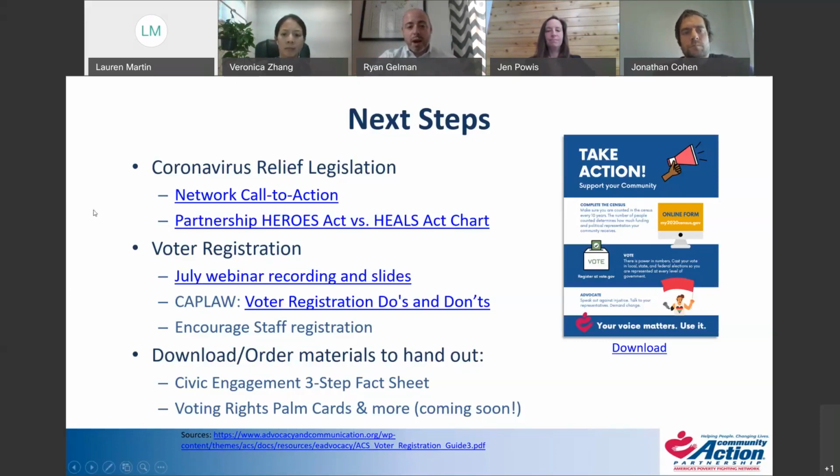These are some next steps. A couple of weeks ago, the network sent out a coronavirus relief legislation call to action. When we send out these slides, these links will bring you to a script there to find your member of Congress. We also put together a chart comparing some of the provisions in the HEROES Act to some of the Senate provisions that came out in the HEALS Act. Then I wanted to touch on voter registration.